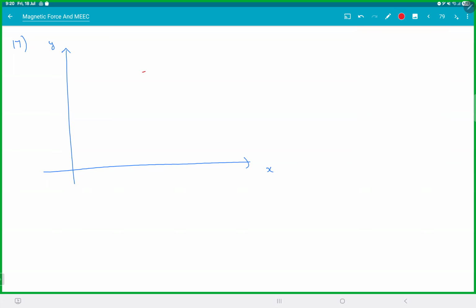So we have a small wire of length 2 mm, at an angle of 53 degrees with the horizontal, carrying 2 amperes.